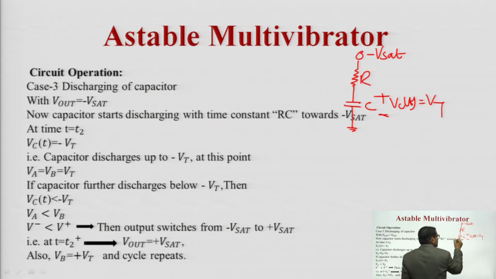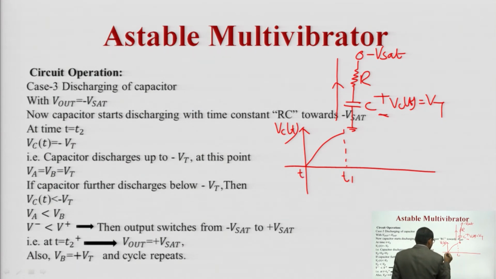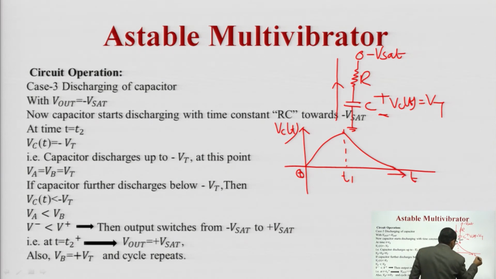This is the higher potential, so it starts discharging. Then the capacitor voltage Vct, after time T1, starts discharging towards minus Vsat.